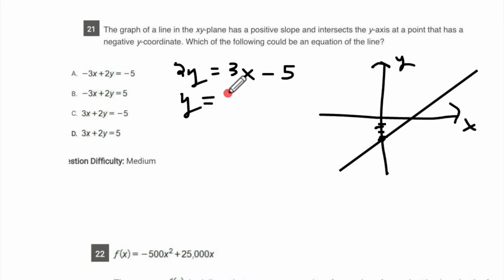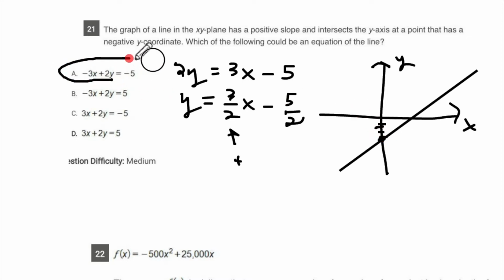So y equals 3 halves x minus 5 halves. And look at that. We have a positive slope and a negative y-intercept. I didn't do any more, but you could try more, but they won't work. So this is your solution.